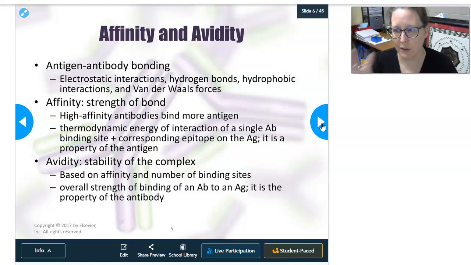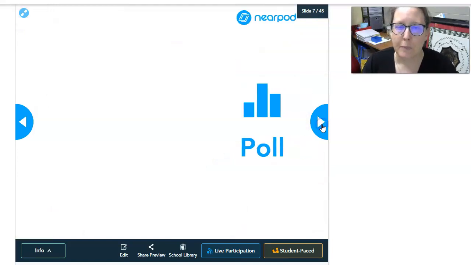So it's how strongly that antibody locks onto that antigen and holds on to it. You do want, again, a good stability, good avidity in your immunoassays, because basically if you have labeled the antibody with something that's detectable, once it binds on the antigen, you want it to stay bound to that antigen until it is detected. Okay, you don't want it to just let go and be washed off.